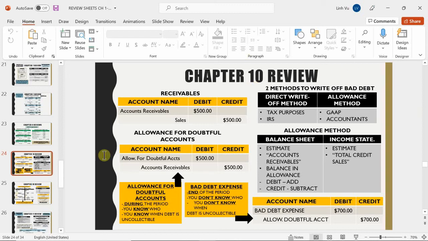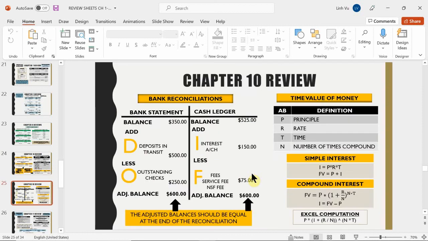Okay, but for the future, if you do end up going into your career, you do need to know that at least to help you know the basics of how a loan or credit card works. Okay. I will be testing you on bank reconciliation.